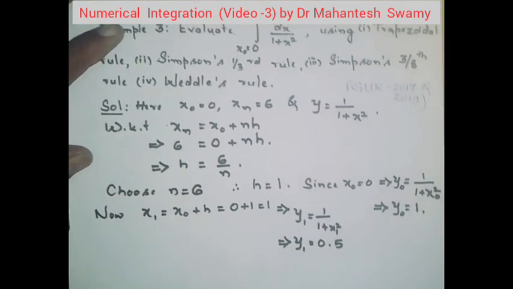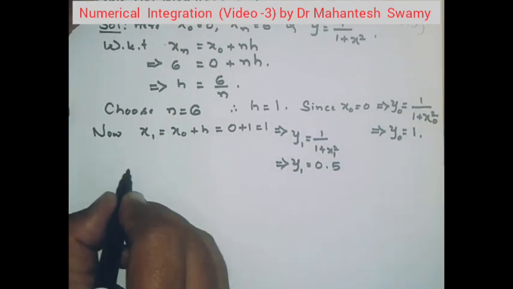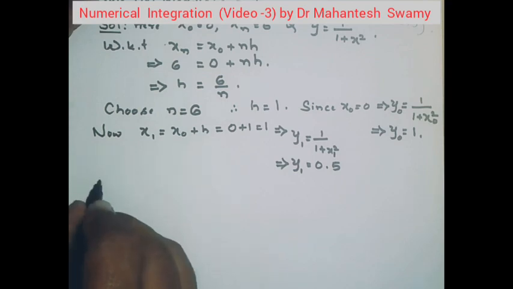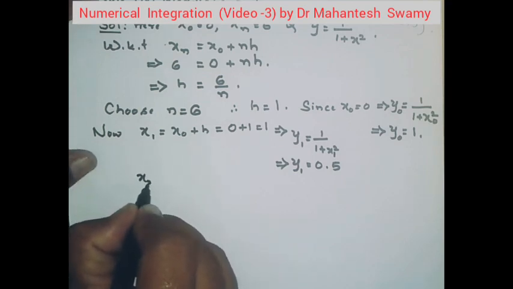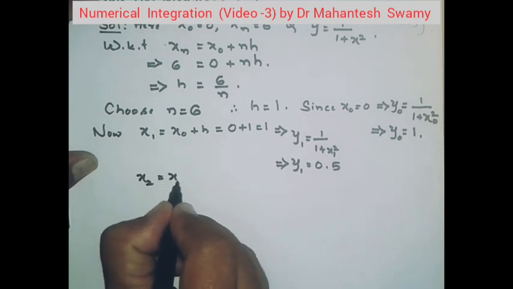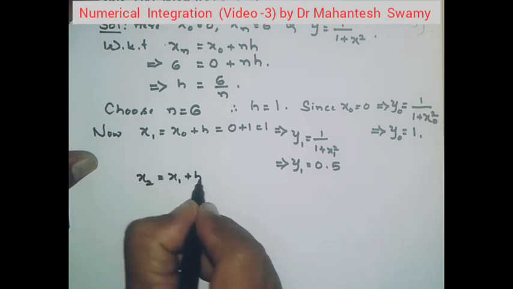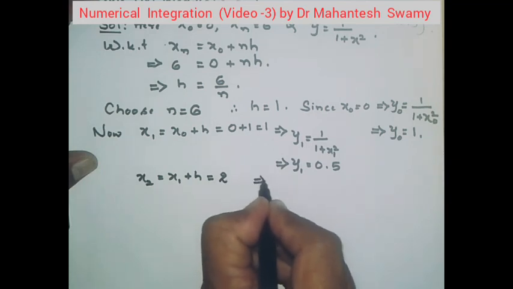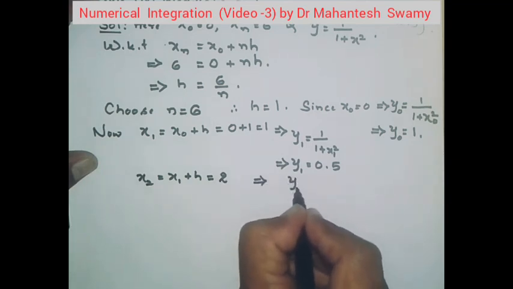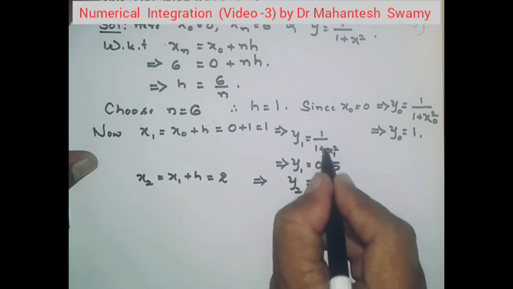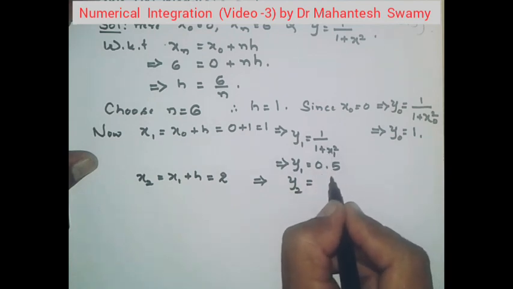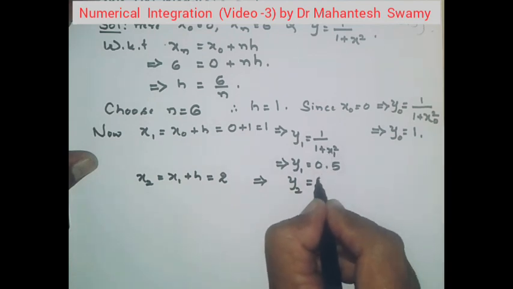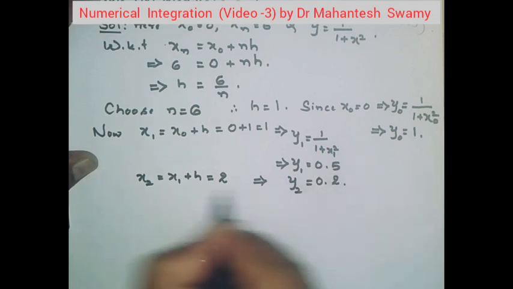Similarly, let us evaluate x2. x2 is equal to x1 plus h, of course 1 plus 1, 2. That implies y2 is 1 divided by 1 plus x2 square. It is 0.2 after simplification.